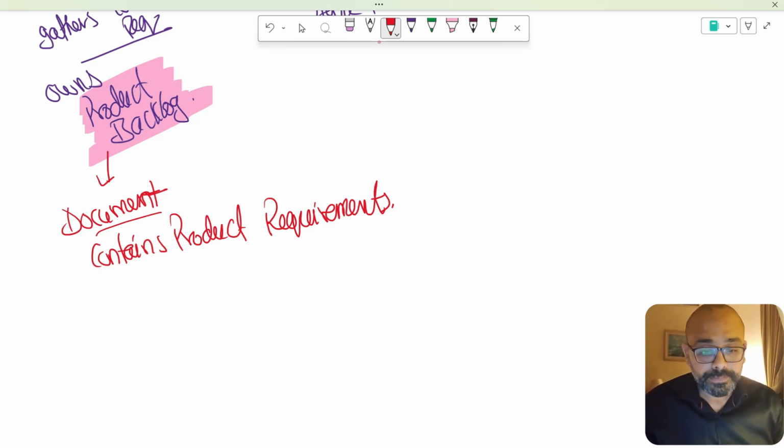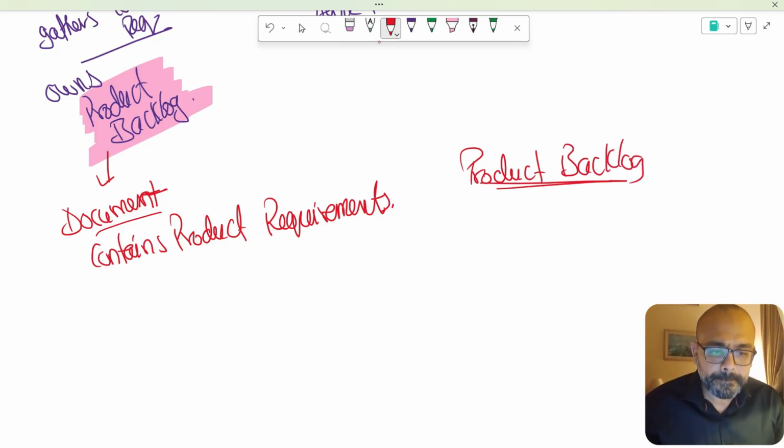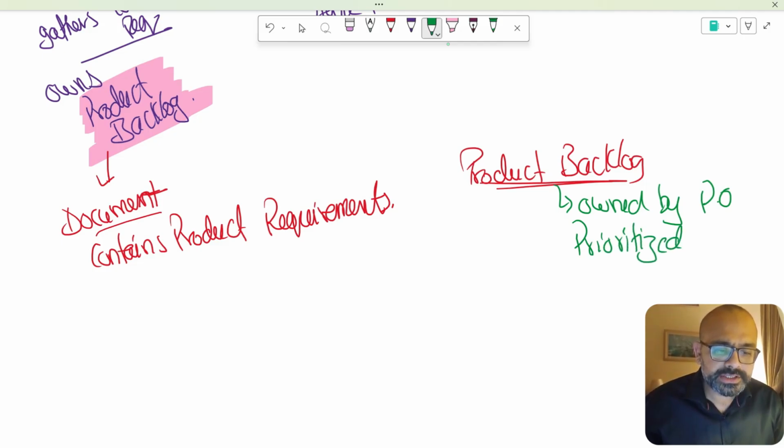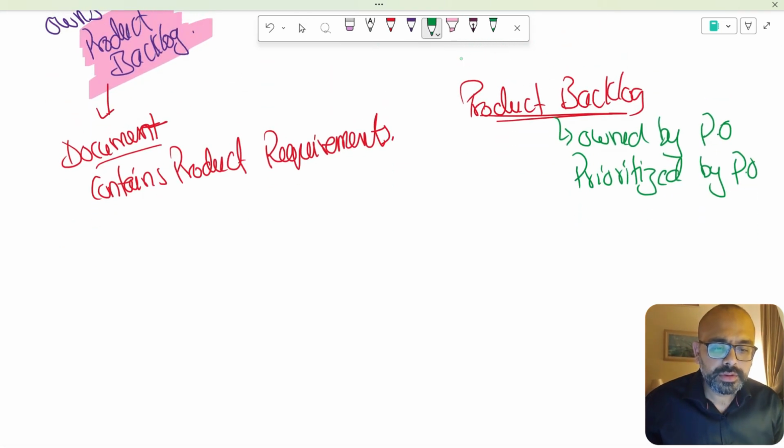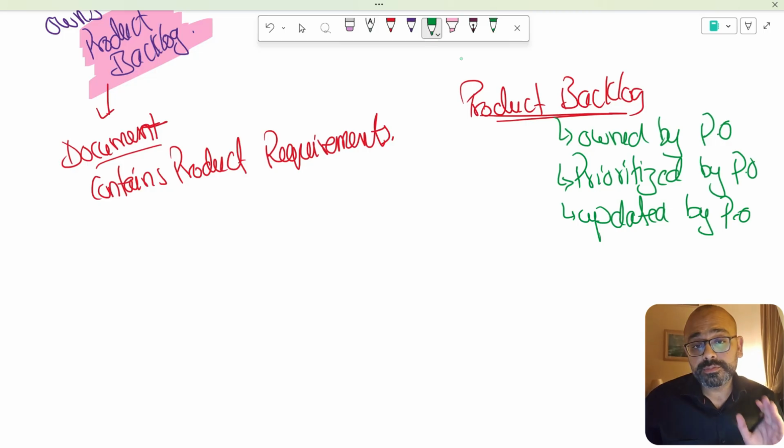So if I write here, product backlog, it is owned by the product owner, prioritized by the product owner, and updated by the product owner. Means what goes in, what comes out should be done by the product owner.